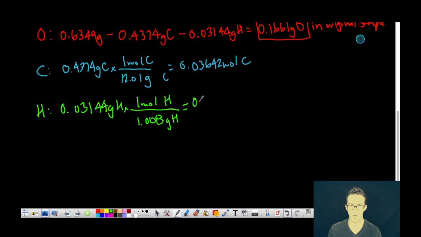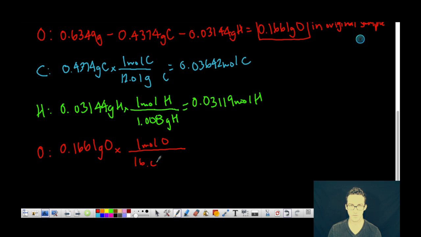We get 0.03119 moles of hydrogen. And then finally with oxygen, we determined that we had 0.1661 grams in our original sample. Converting to moles of oxygen gives us 0.01038 moles.